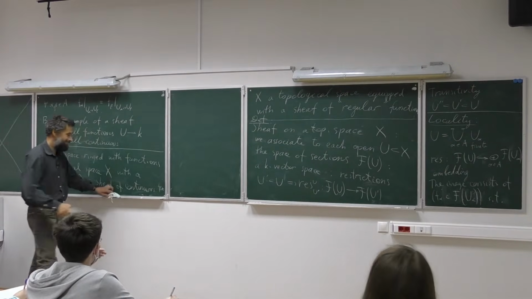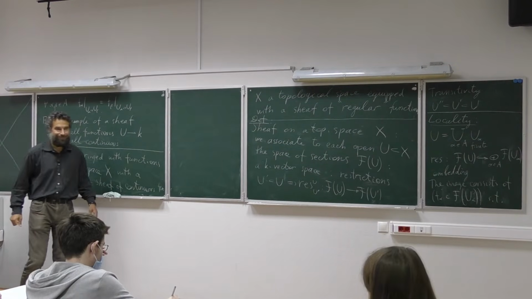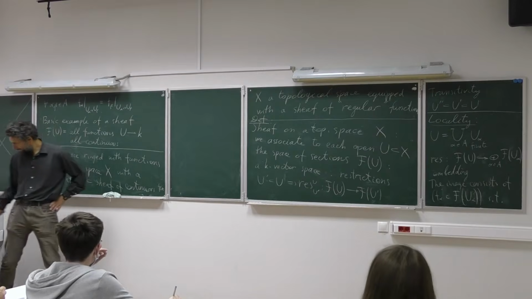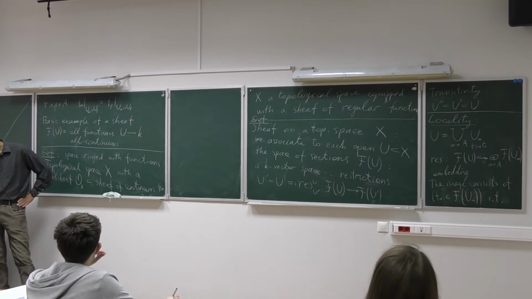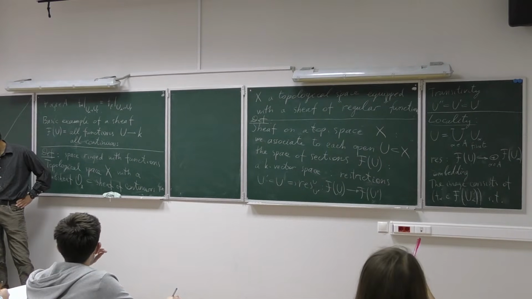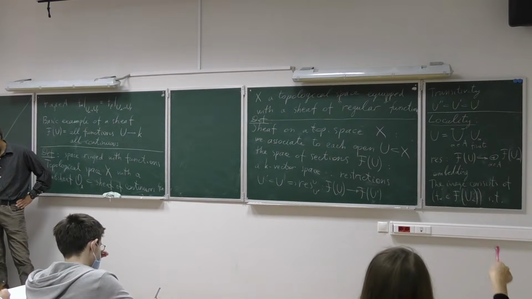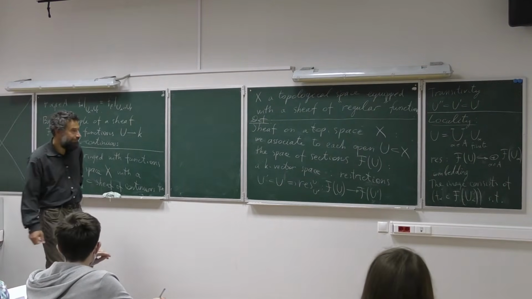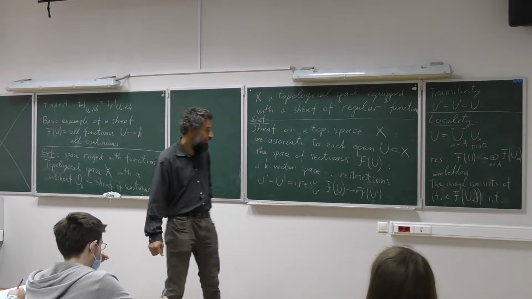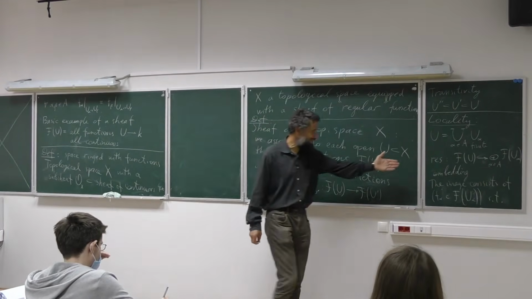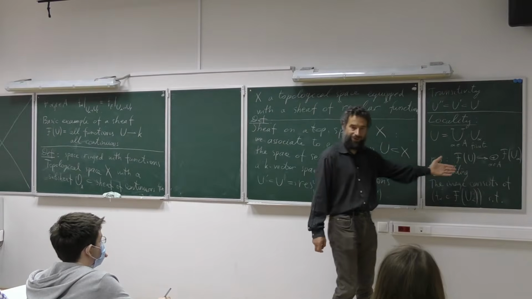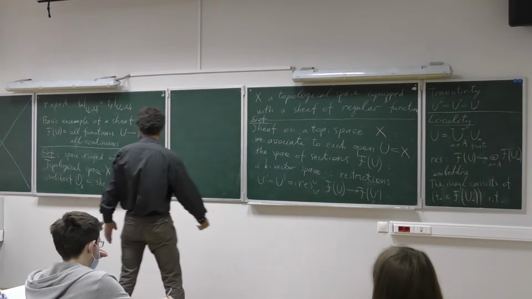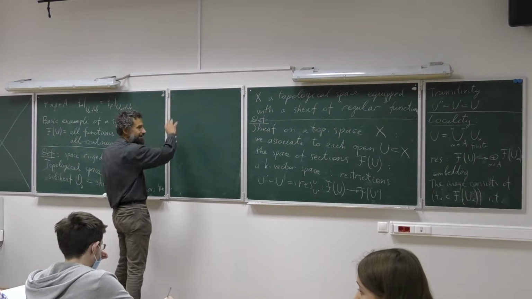Pardon me? Yes, I think that to define a sheaf there should be one more arrow, an arrow from F(U) to the sum, and there should also be the intersection. Oh yes, but that's what I said in words. Let's write it here and then erase it.